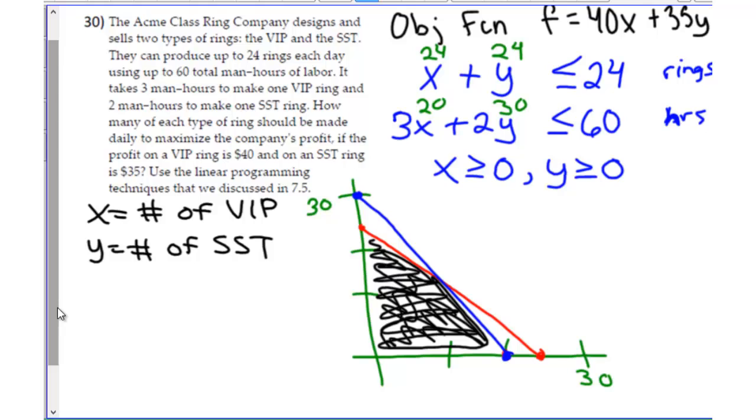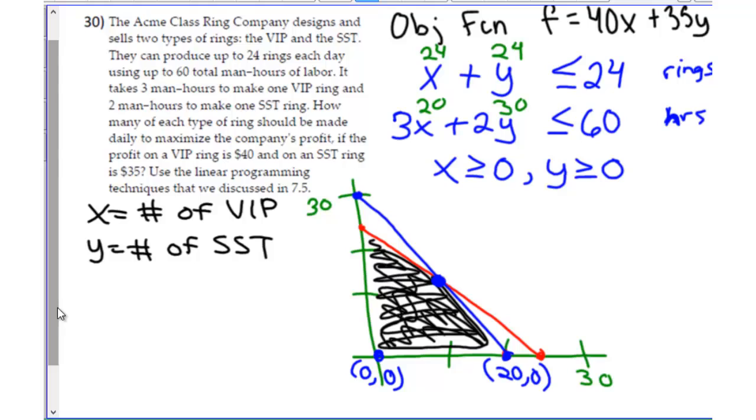And those points that we're going to use are the corners of the region where we shaded. And so this point we don't know yet. The point down here in blue, that was 20, 0. We technically also have this point, which when I worked it out on the review, I think I forgot about.